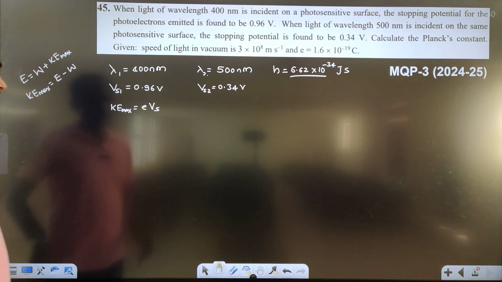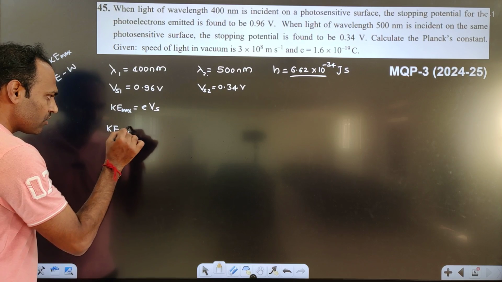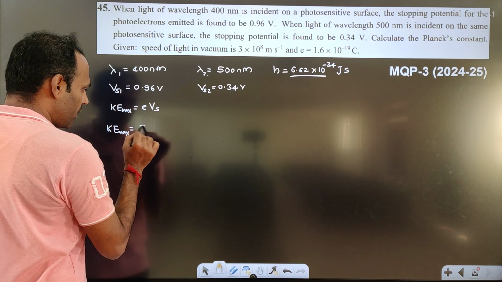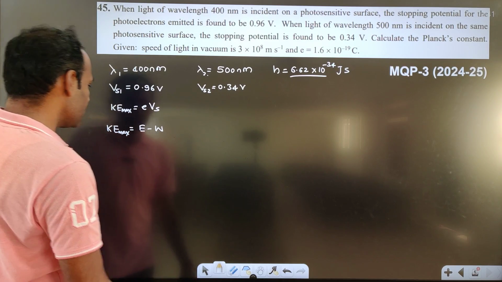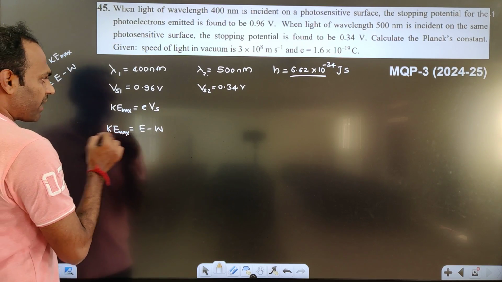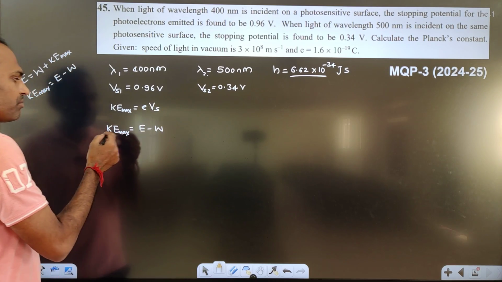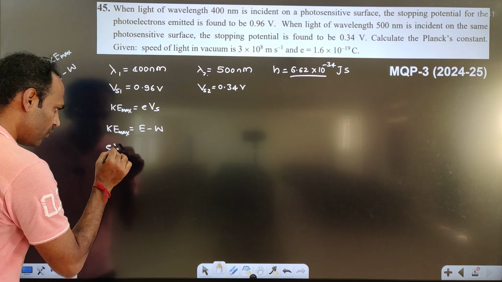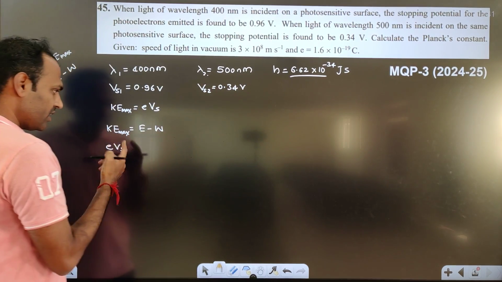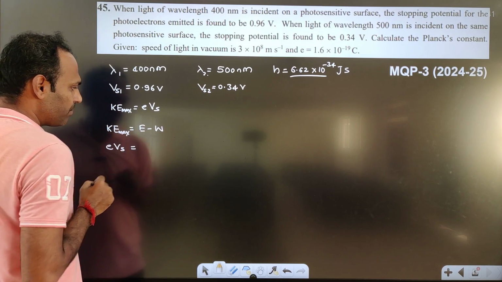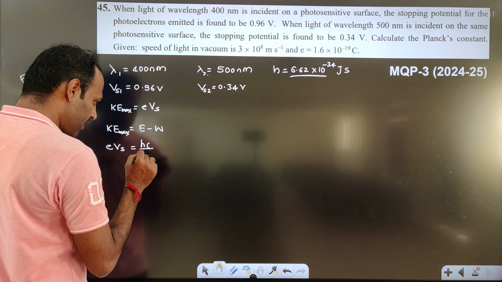Okay, let us apply this formula. We know very well maximum kinetic energy is equal to energy of a photon minus work function. Maximum kinetic energy I can take as E into Vs, since we have to find Planck's constant. Energy of a photon is given by hc divided by lambda.